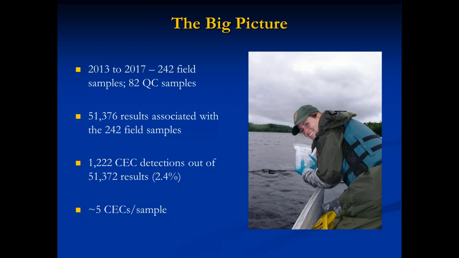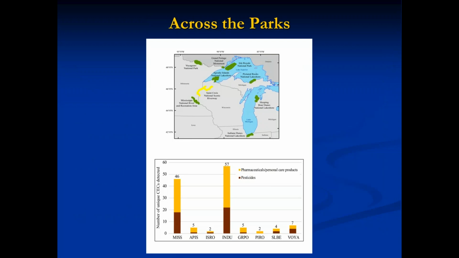But how does that break down by park? This next figure shows, again, a map of the Great Lakes parks on the top. And if you look down below, our 2 more urban parks, Mississippi National River and Recreation Area right here in the vicinity of the Twin Cities, and Indiana Dunes National Lakeshore, which is just east of Chicago.